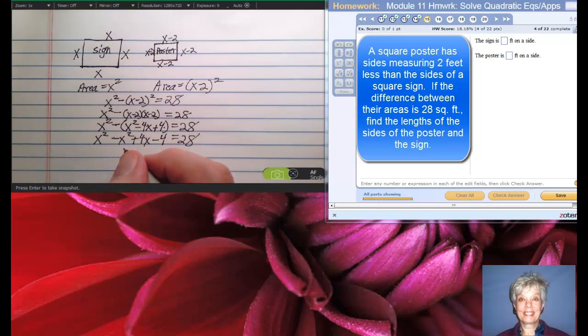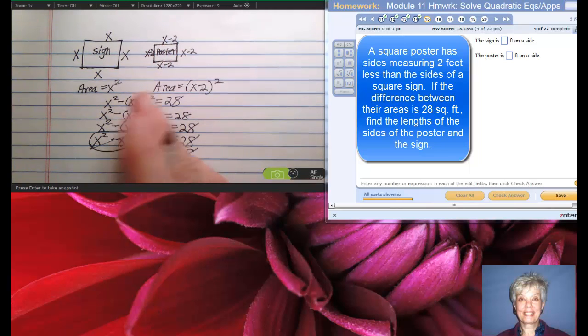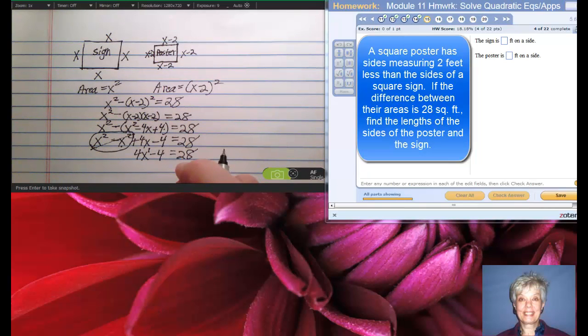Now notice that the x squares have zeroed out. X squared minus x squared is 0, so I'm left with 4x minus 4 equals 28. The highest power of this equation is 1. It's linear, so I don't have to follow the zero principle that says I drag everything over to one side and set it equal to 0.